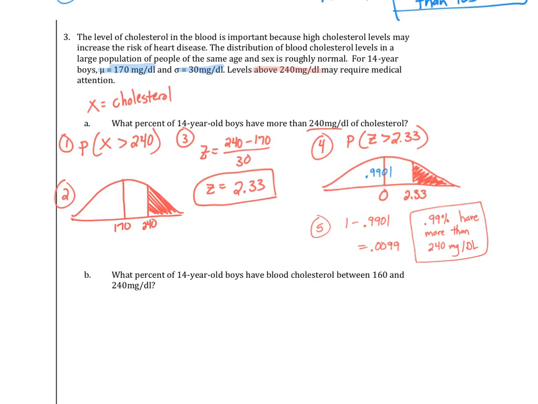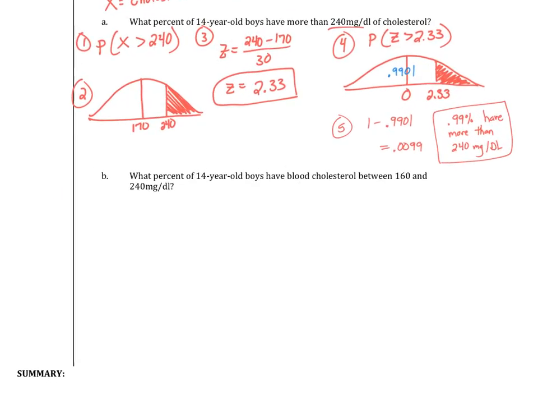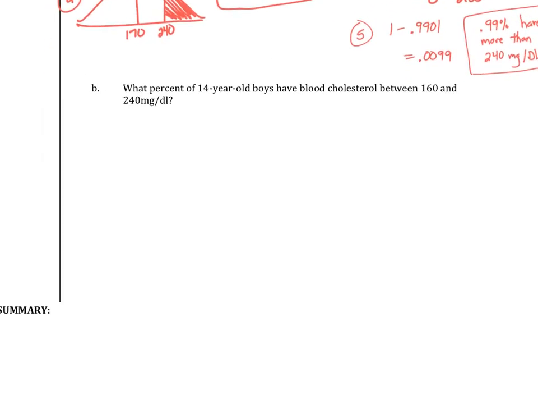Okay, part B is the same problem, except now it's saying, what percent of 14-year-old boys have blood cholesterol between 160 and 240? Okay, so step 1 will be we want X to be less than 240 and greater than 160. We want to find the probability of that. What is the probability that X is less than 240 and X is greater than 160?